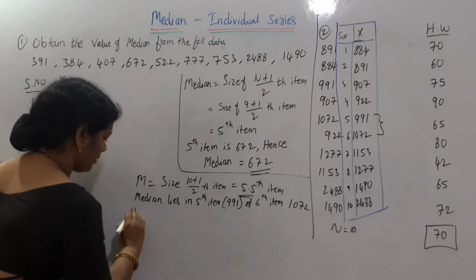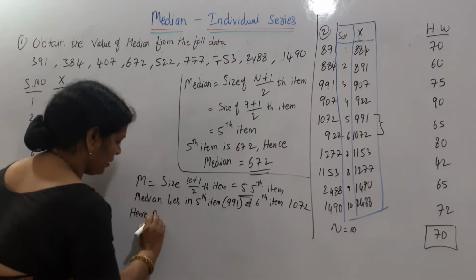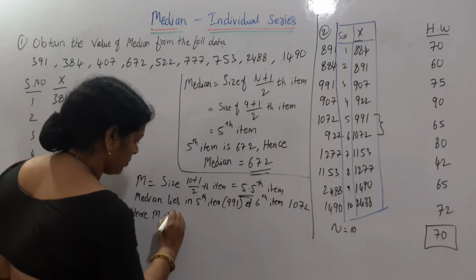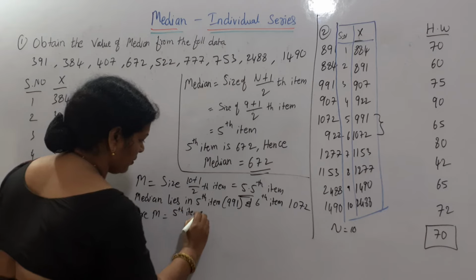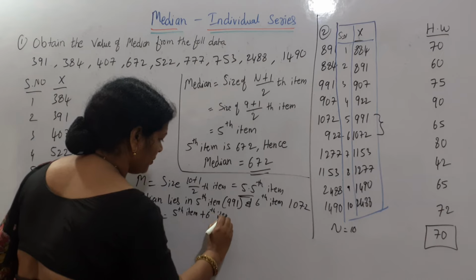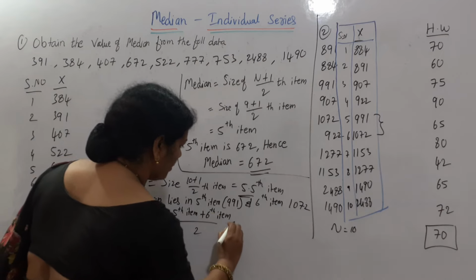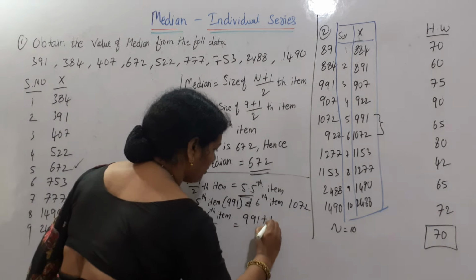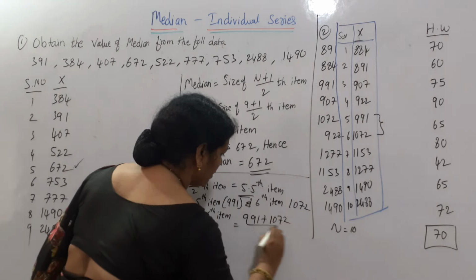So, hence median is equal to 5th item plus 6th item by 2. It means 5th item is 991, 6th item is 1072 divided by 2.